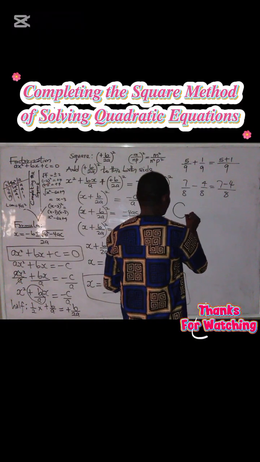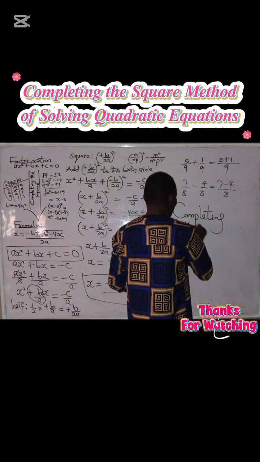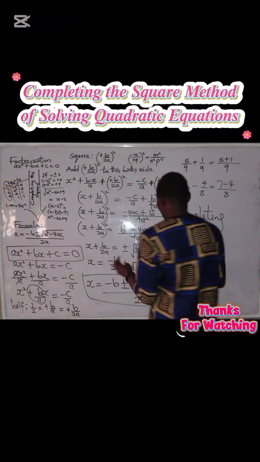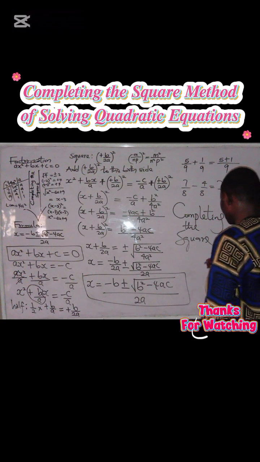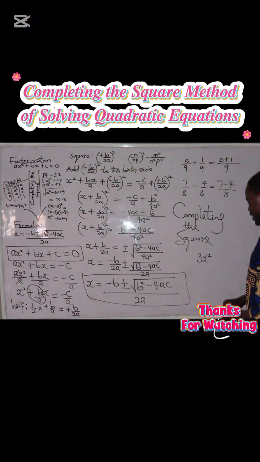So next time we are asked to use the completing the square method, this is what they ask you to do, from here to here. For example, let's say we have 3x squared minus 5x plus 2 equals to 0.